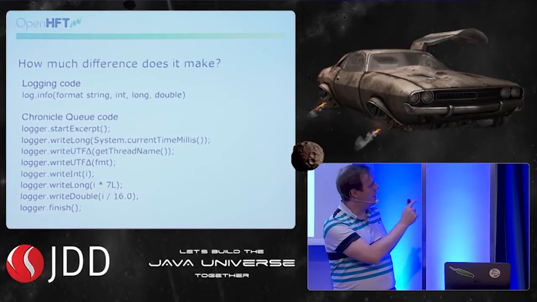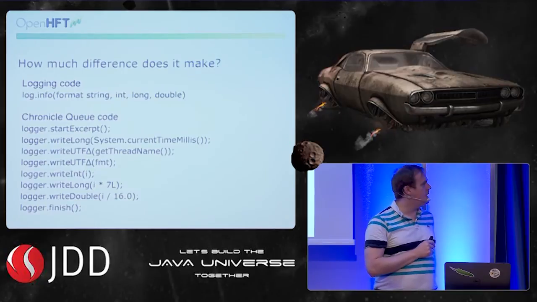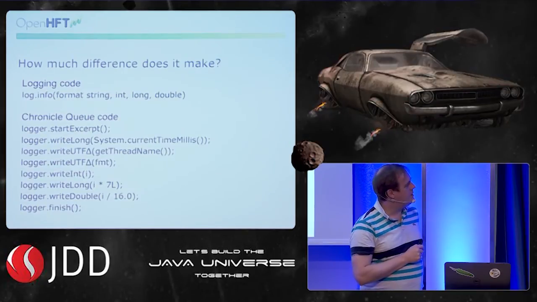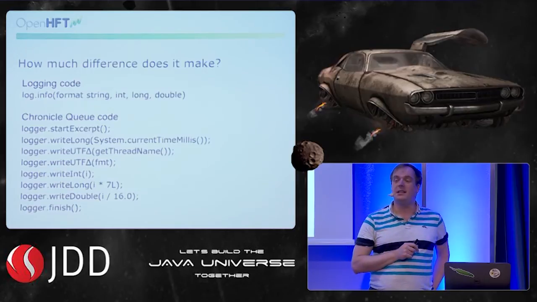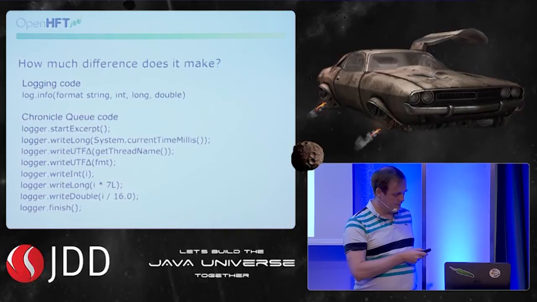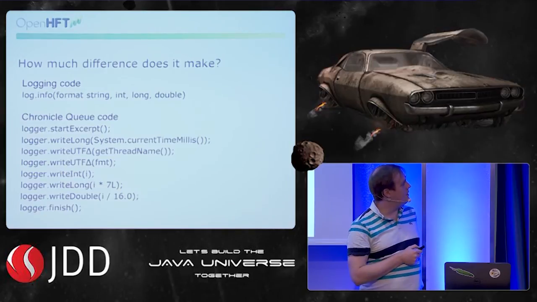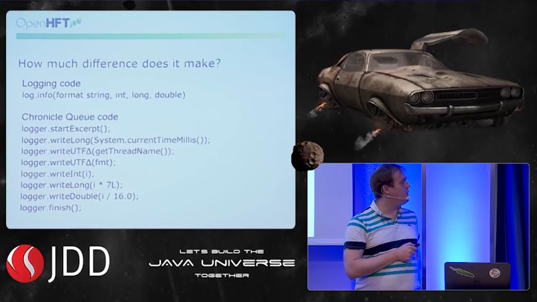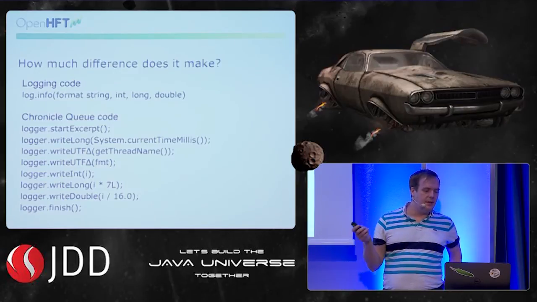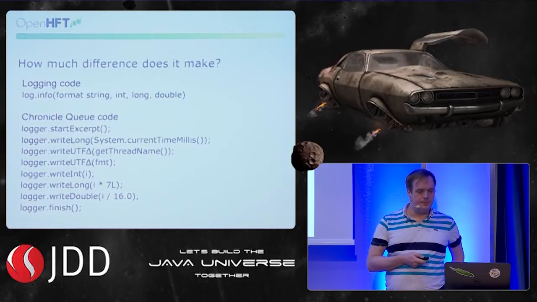You have to write out all the information that's associated with the message, and clearly it's a bit more painful and doesn't work if you haven't written your code this way. But the second one shows you in a bit more detail exactly what is being written. It's putting out the timestamp, the thread name, a format message, and 3 values.